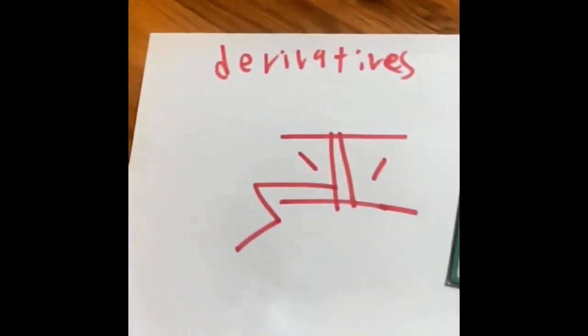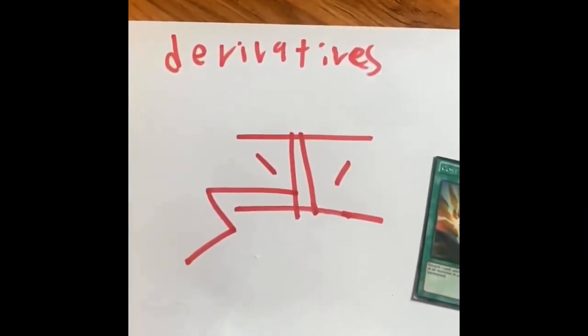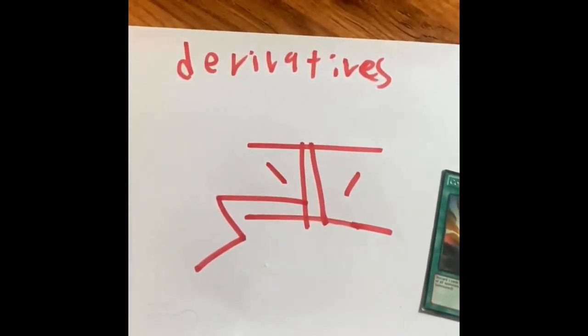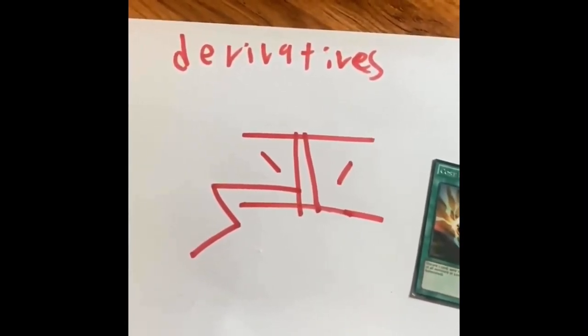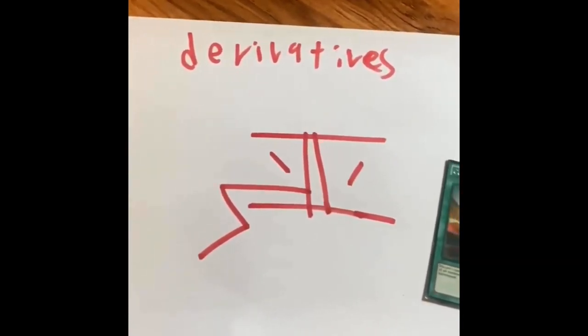Derivatives measure that rate of change, such as how the stock market or a car's speed is going to go up or down.